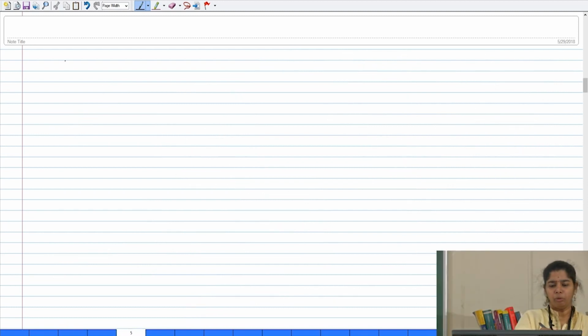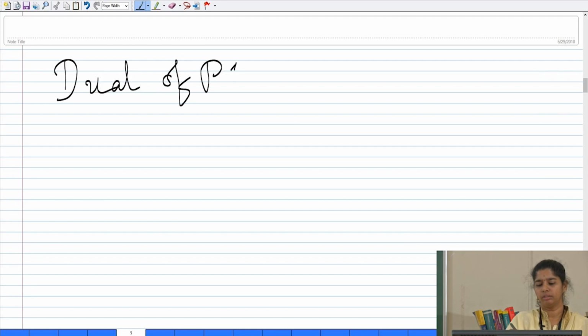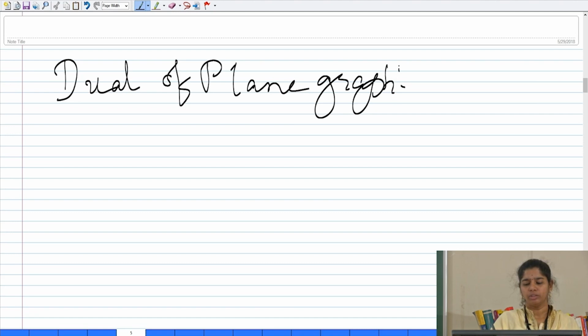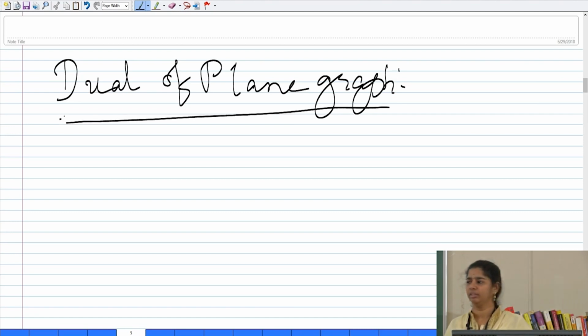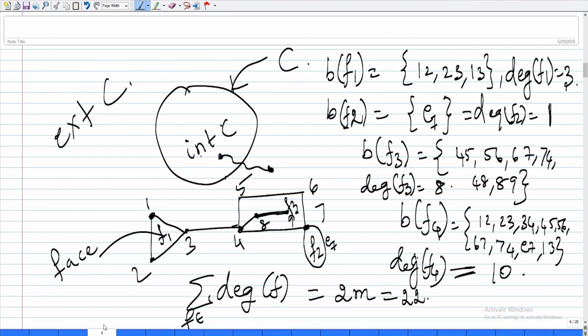Okay. So with this we will also go into another concept, duality. Given any plane graph, we also have a dual for it. We will consider this dual for other purposes also.